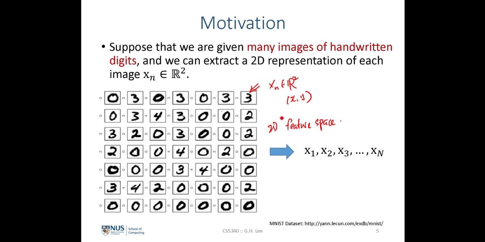And suppose that we can do this for every single digit that we see in the dataset, and we get a set of features x1 all the way to xn, where each one represents a single handwritten digit in the image respectively.